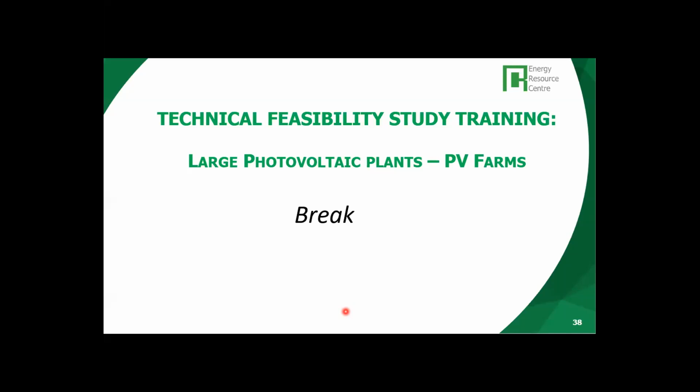Yes, thank you, Mr. Frade. You're right. This is why we started by saying that the conditions of the land, the usage, the ownership and the planning are very important, because the requirement for land use is not small.